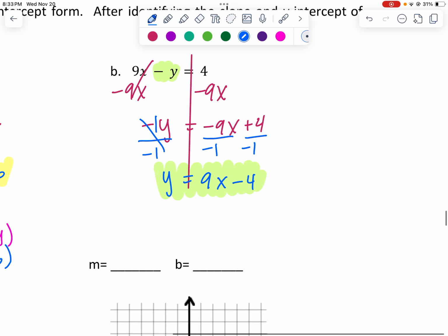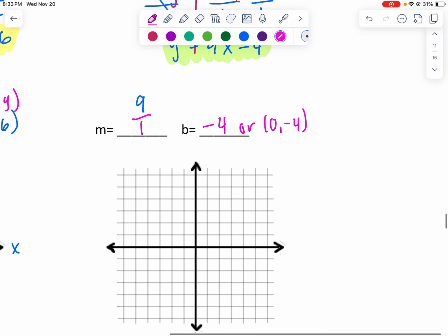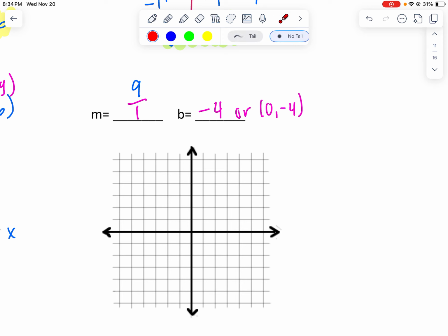Again, it looks like my slope is 9. However, I could turn it into 9 over 1 because 9 divided by 1 is just 9. My b is -4, or if I were to write it as an ordered pair, 0, comma -4. So again, we start with my y-intercept, my b value. We're going to start at 0, and I'm going to go down 4. 1, 2, 3, 4.